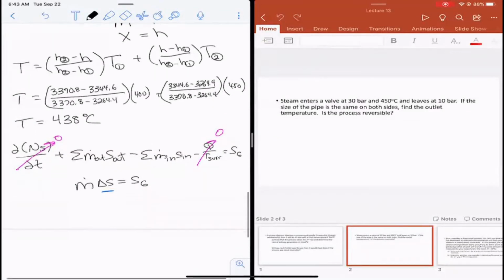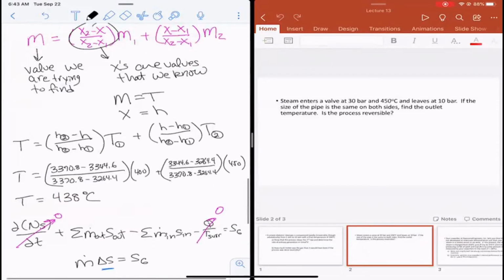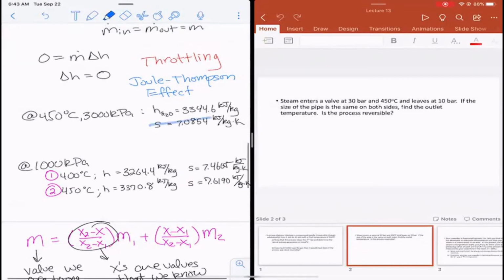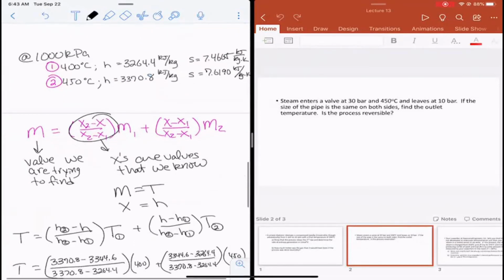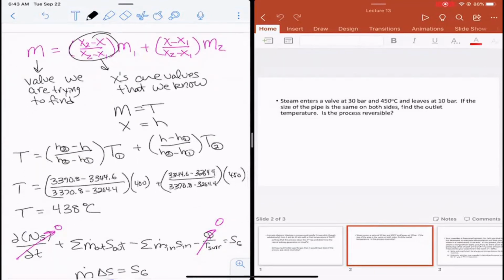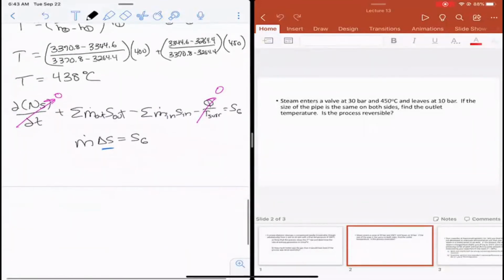So if we need to do this, we need to find delta S. Well, we already have the entropy for the initial state, which is right here, right? It's 7.0854 kilojoules per kilogram Kelvin. Now what we need to do is to find the entropy of the final state. And to do that, we're going to apply this exact same equation that we have above here that we used for the temperature, except now instead of T's, we're going to have S's. And so in the second interpolation, M is going to be equal to the entropy, but still the X's are the enthalpy.